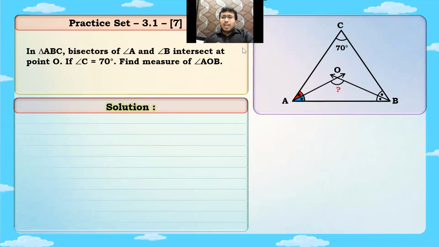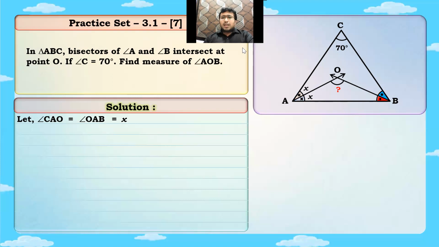Same way, students, AO is an angle bisector, so the equal angles will be denoted by variables. You can take any variables whichever you want. So students, measure of angle CAO is equal to measure of angle OAB is equal to X. Reason: AO is an angle bisector.